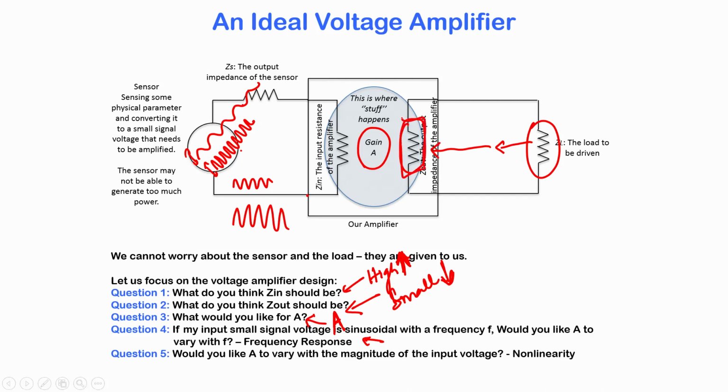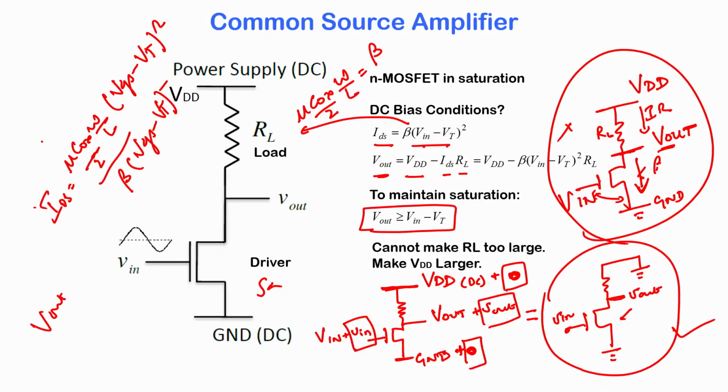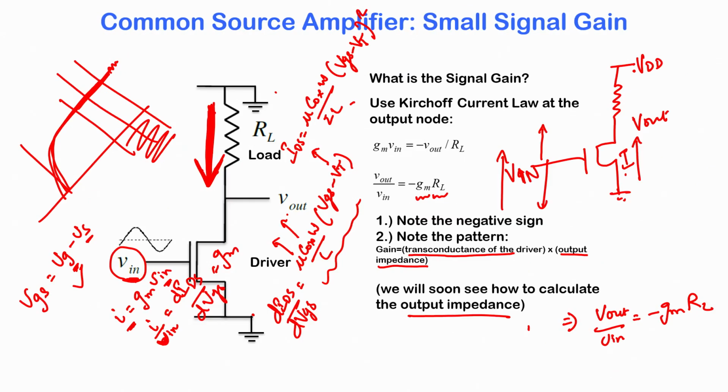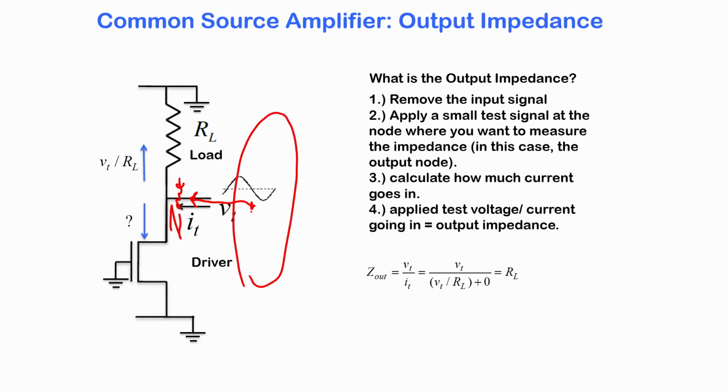What is the value of that resistance? Ideally, we want that value to be small, so it is good to understand what constitutes that value. You want the gain to be large, and we already saw that the gain depends on gm into RL. Now let us see what constitutes the output impedance of the circuit.